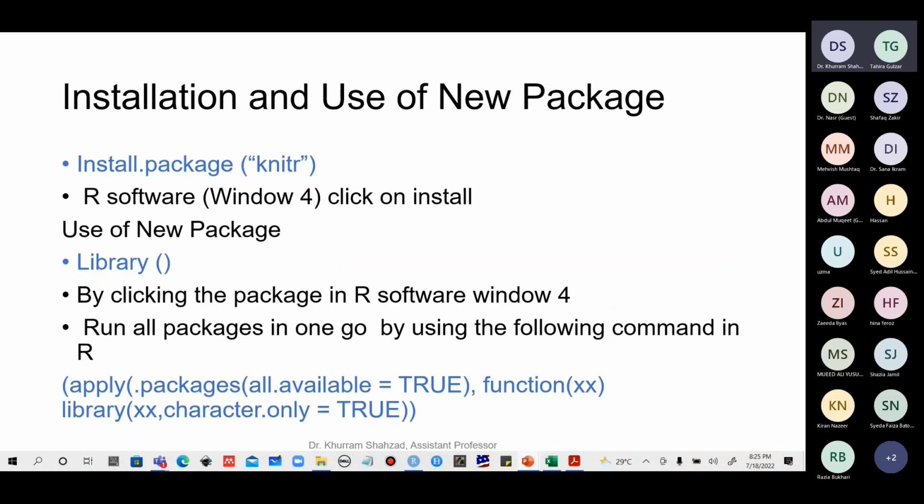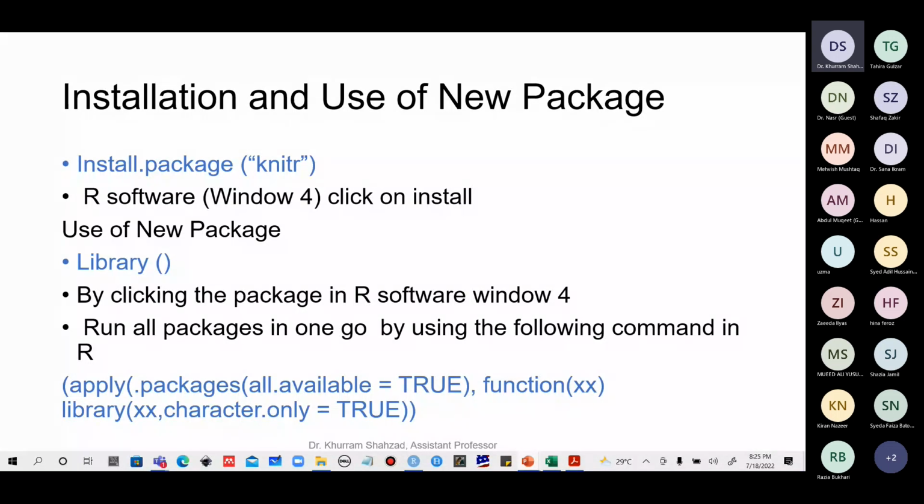So how can we install a package? We can install a package through the install.packages command. When the package is installed, the next step is to activate the package. You have WhatsApp in your mobile, but you cannot perform calling until you open WhatsApp.